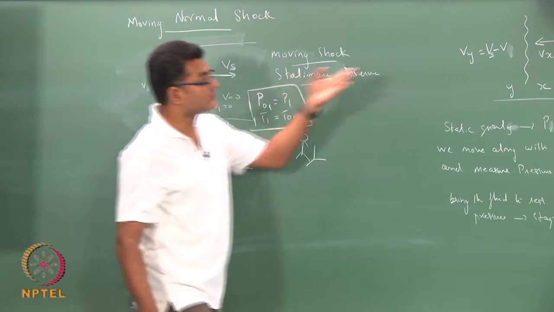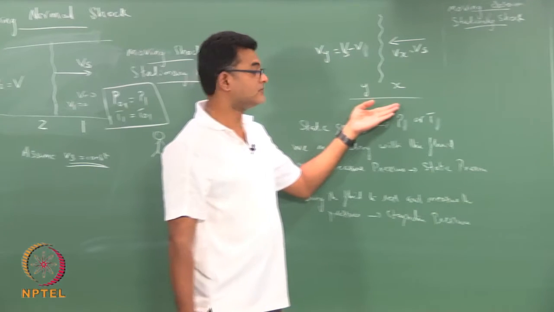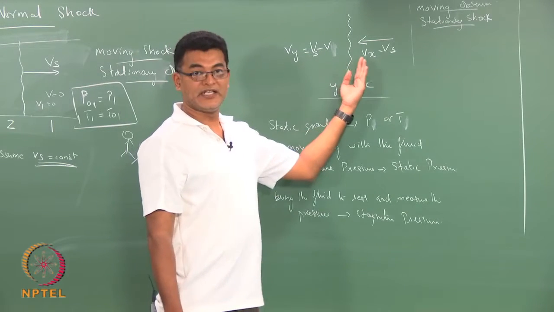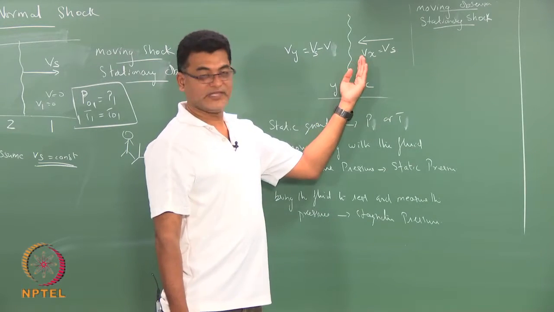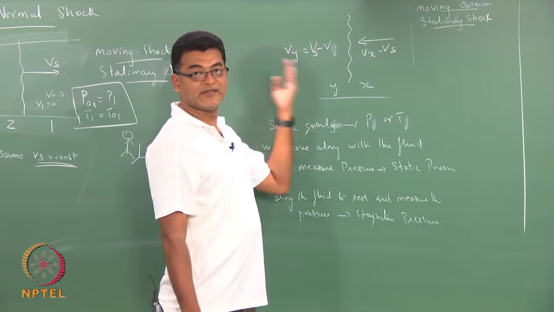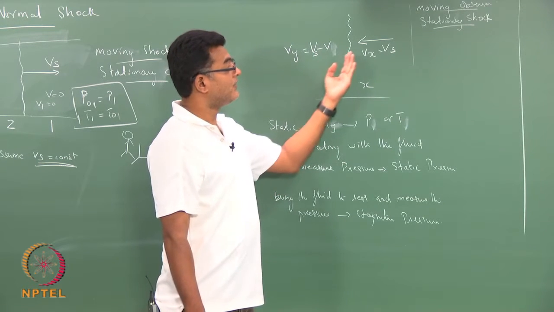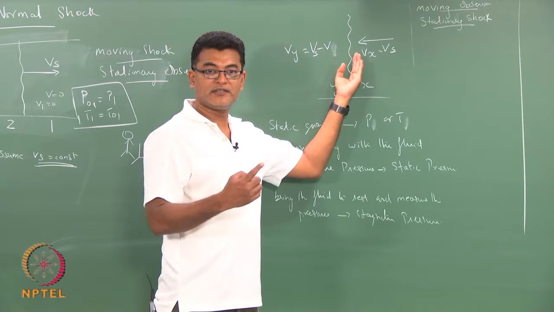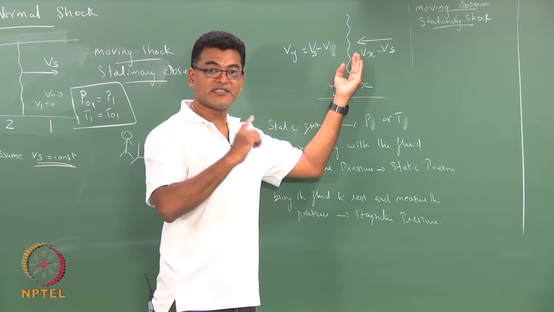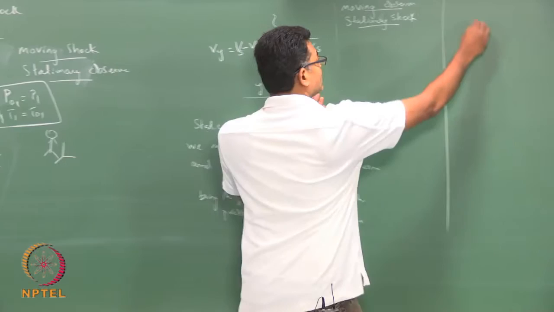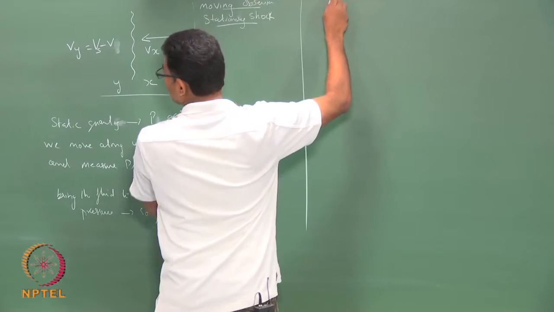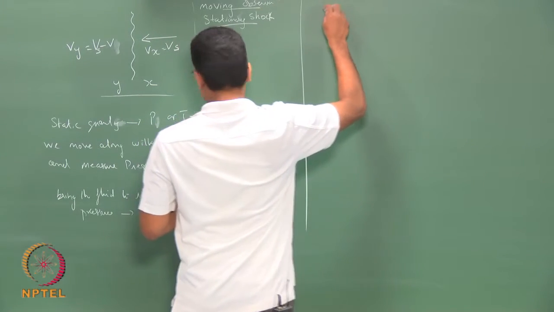Now we go to the other coordinate system, case 2, where there is a standing shock now, fluid approaching with Vs and fluid receding with Vs minus V. Since it is a standing shock, we know that the stagnation temperatures are the same. So, I will write here as two cases.